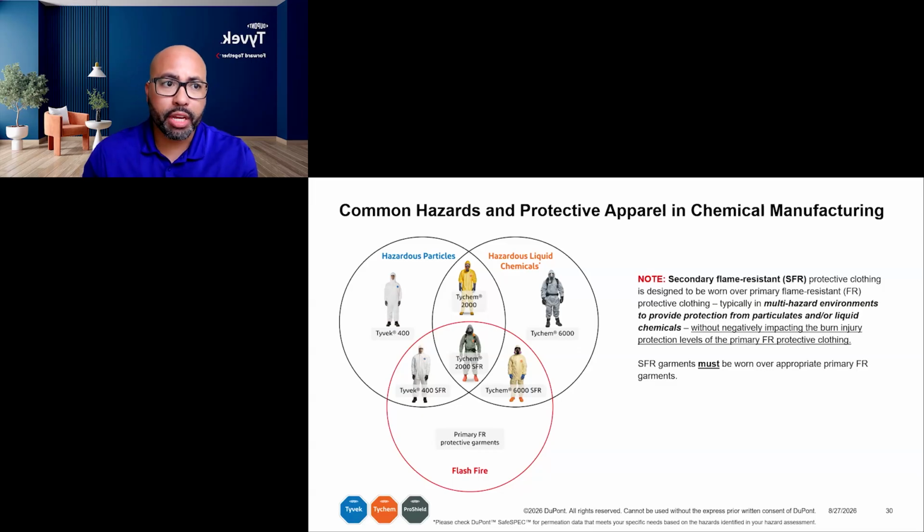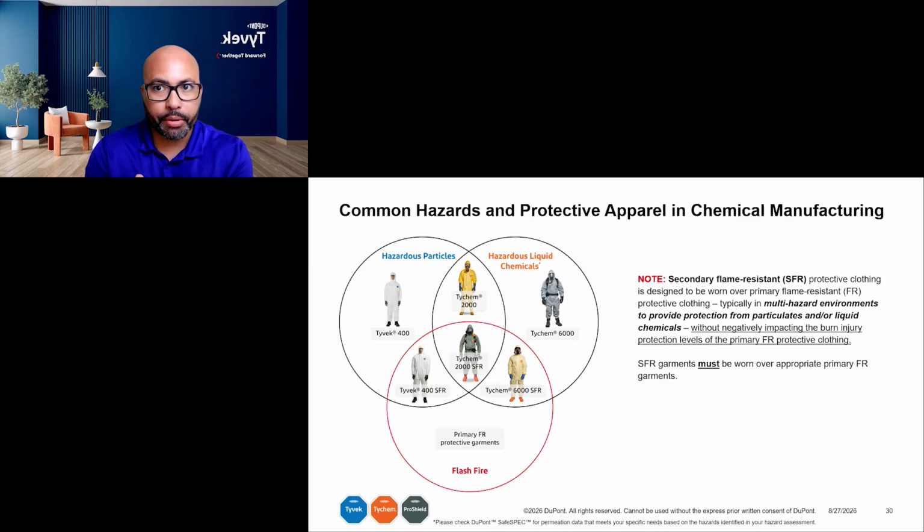Again, when it comes to flash fire environments, DuPont manufactures and sells SFR, that is secondary fire-resistant protective clothing. SFR is to be worn over primary FR, that is flame-resistant, garments in multi-hazard environments, adding protections from particulates and liquid chemicals without compromising burn protection.